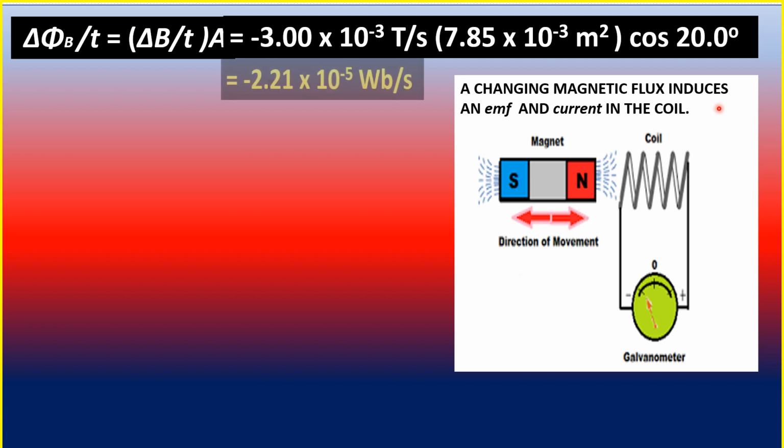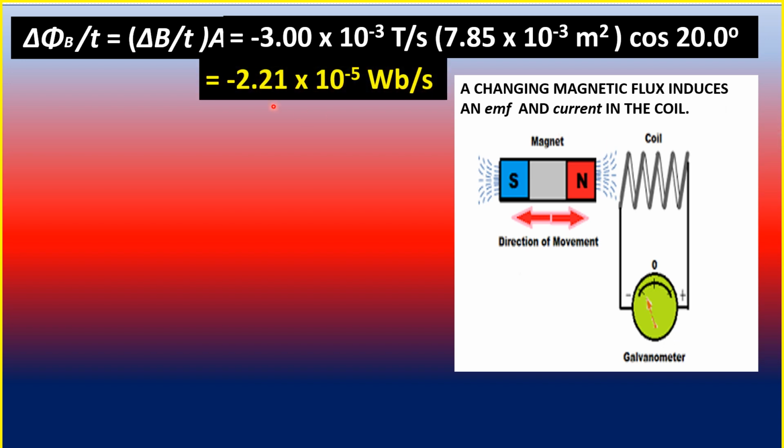So simplifying, we get the value for the change in the magnetic flux equal to negative 2.21 times 10 to the negative 5 Weber per second, because Tesla meter squared is Weber, but there is still the unit per second. So this becomes Weber per second. It has a negative sign. So in other words, the change in the magnetic flux is in the negative z direction.